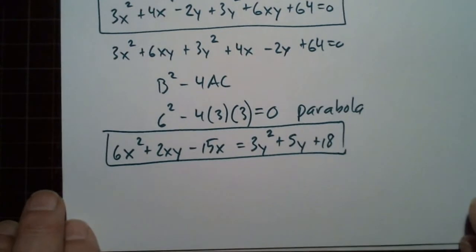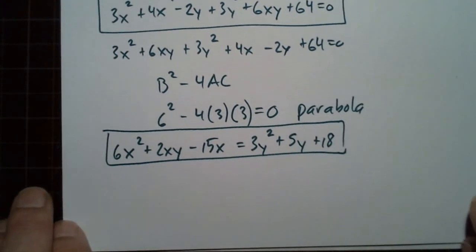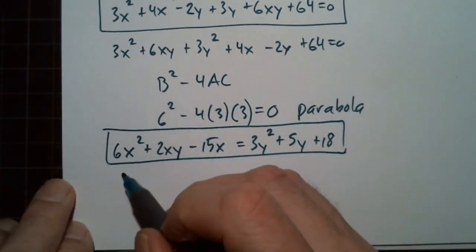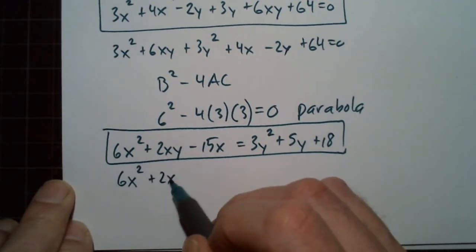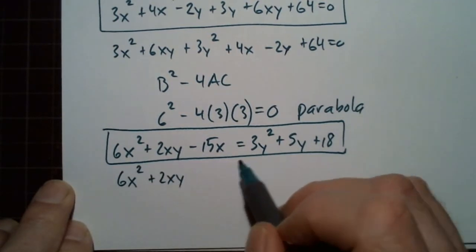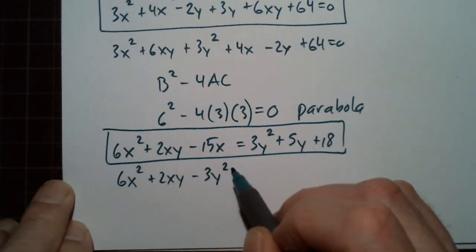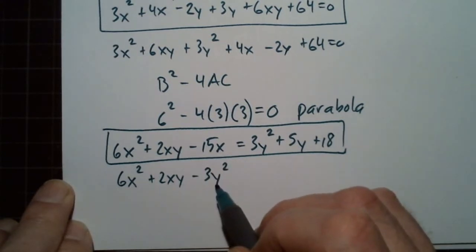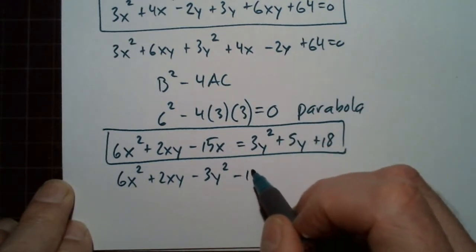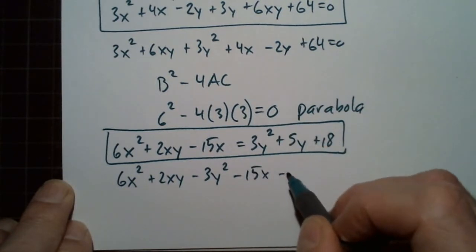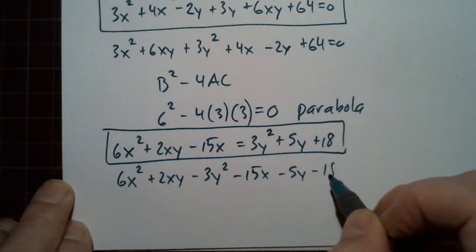Pause the video and try that one. Identify the type of conic. We want to get the x squared and the y squared on the left. We'll go ahead and finish the other terms, even though we don't need them.